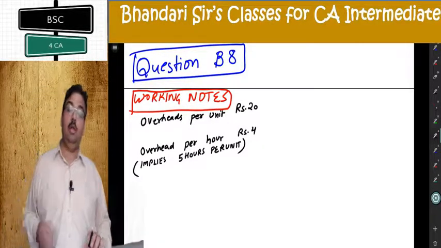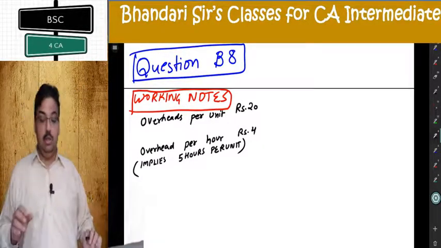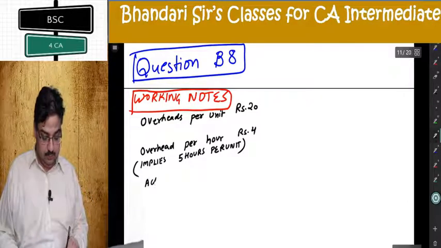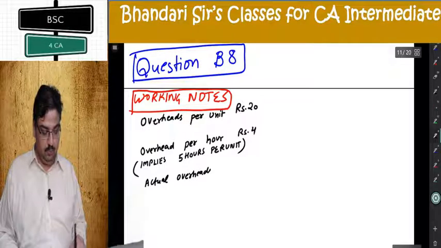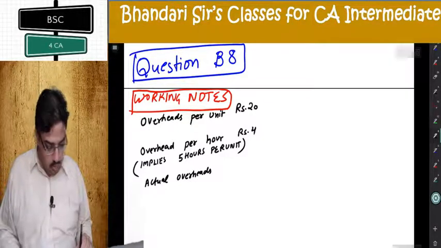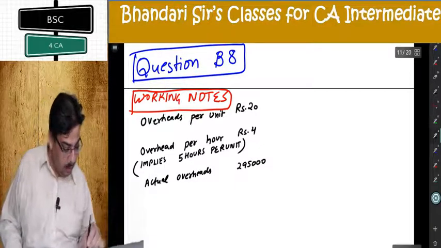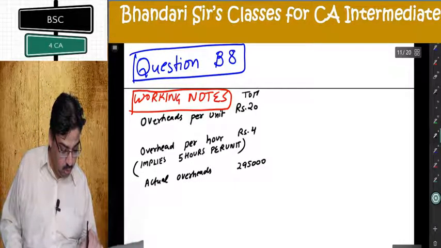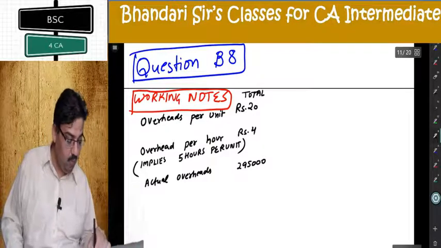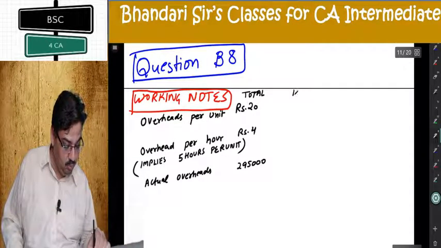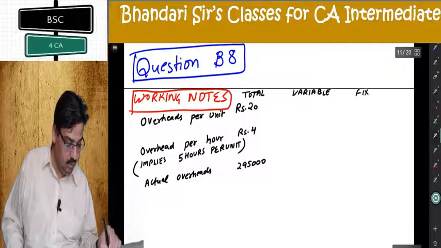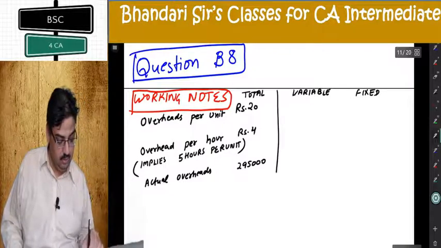You are given budgeted production, you are given actual production, you are given actual overheads, which is 2,95,000. Now this all data is total. I want to segregate into variable and fixed.